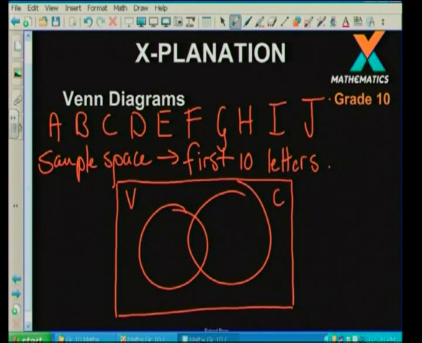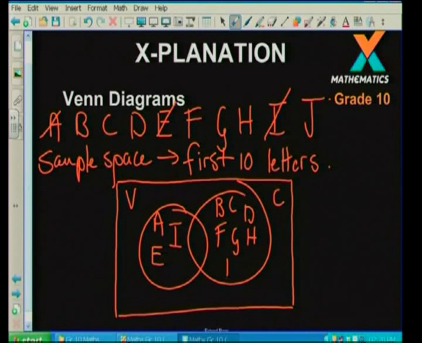In the vowels, I'm going to put A, I'm going to put E, and I'm going to put I. Then in my consonant block, I'm going to put B, C, D, F, G, H, and J.